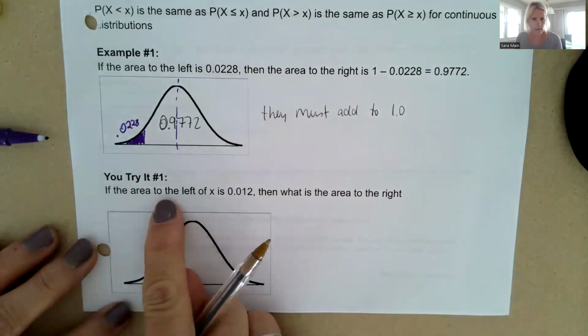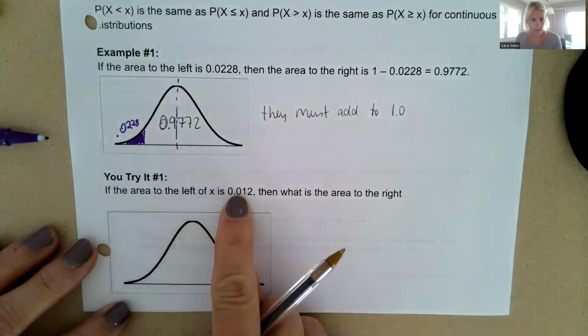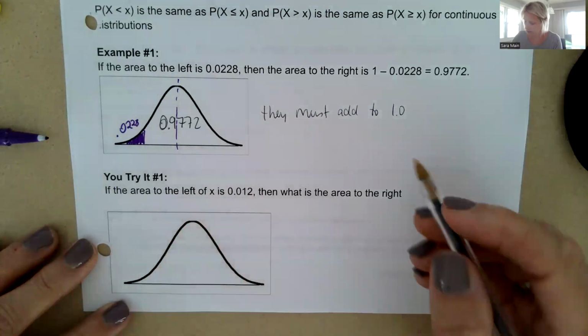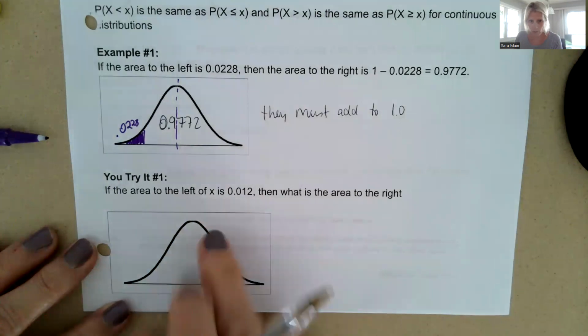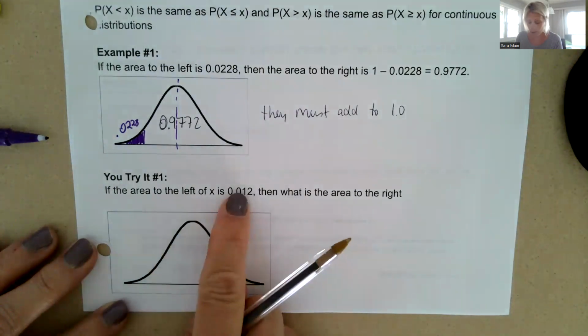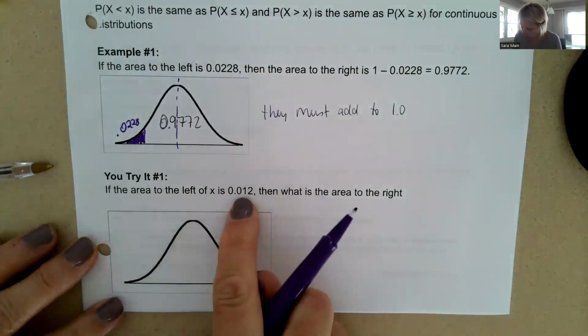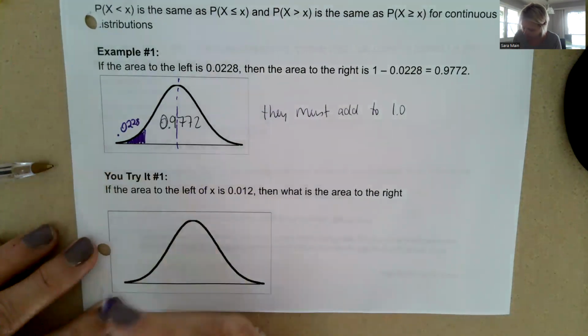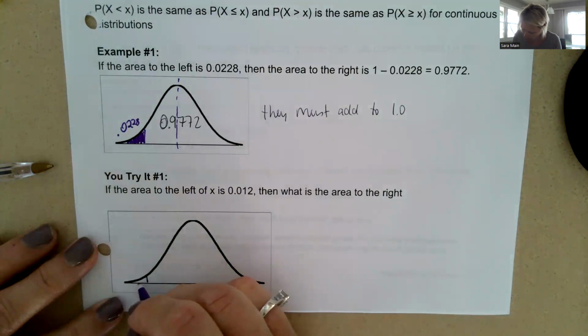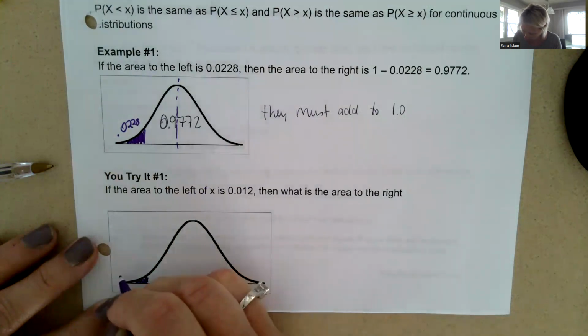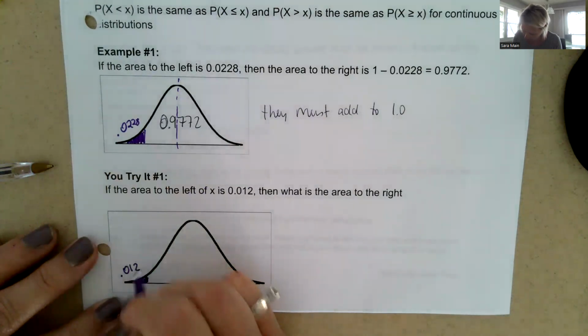Okay, so let's try another one. If the area to the left of x is 0.012, then what is the area to the right? So again, we know 0.012 to the left is much smaller than 0.5, 1/2. And it's even smaller than 0.0228. So it's going to even be over here a little bit more. So this is going to be 0.012.